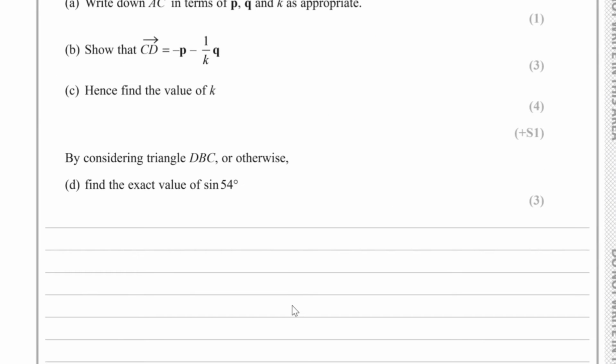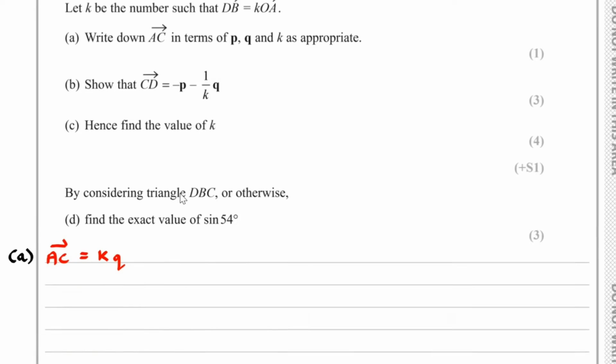So for part A, the vector AC is equal to the vector KQ. And that's because we've got a regular pentagon.